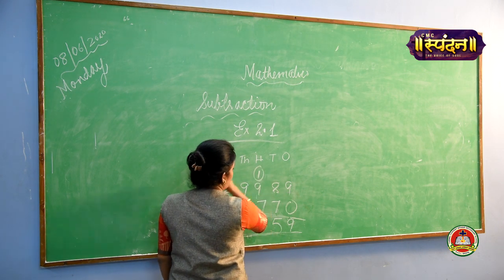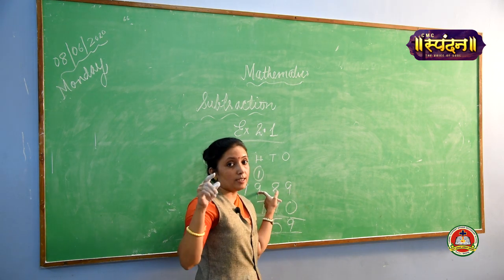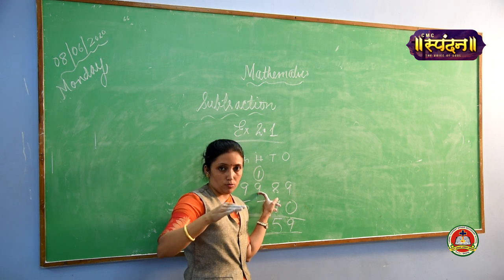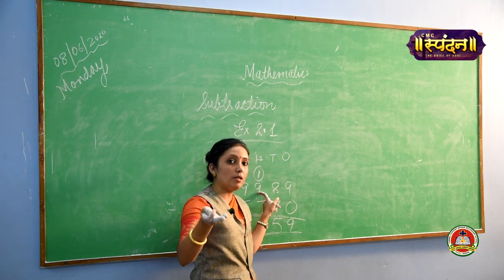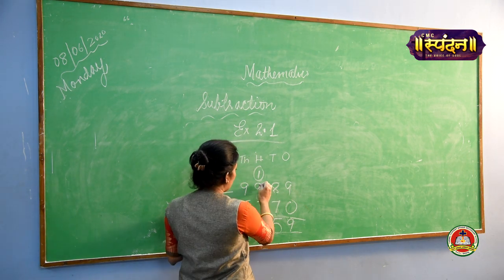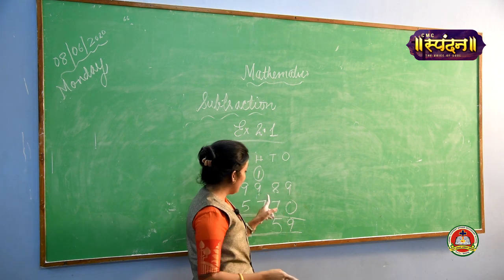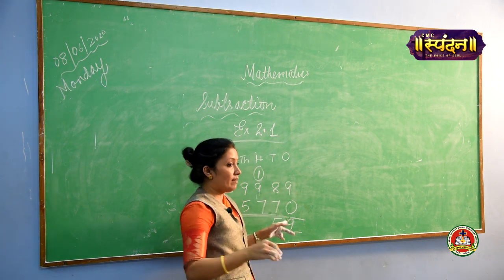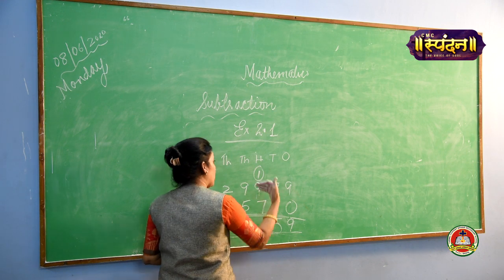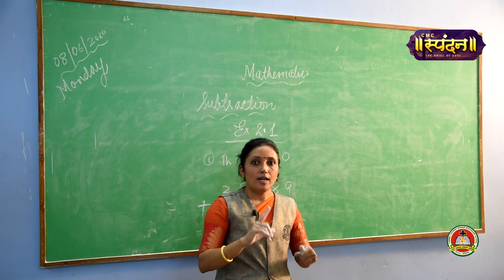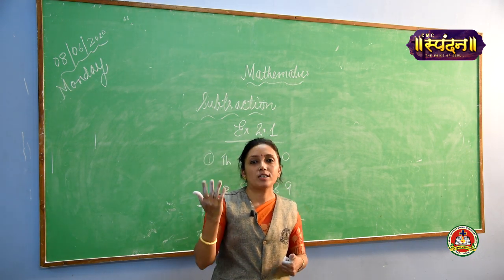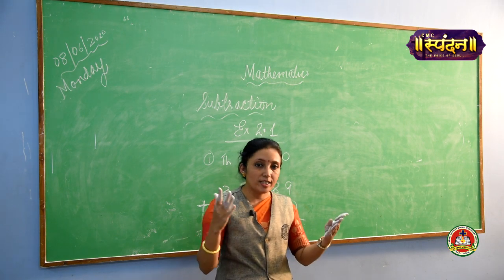Here. Now, there are some tricks to add also. It is easier to do 9 plus 1, 10, then 10 plus 7 is 17, rather than adding 9 plus 7 and then adding 1. So the trick is to add 9 plus 1, which gives you 10 directly, then 10 plus 7, you know it is 17.